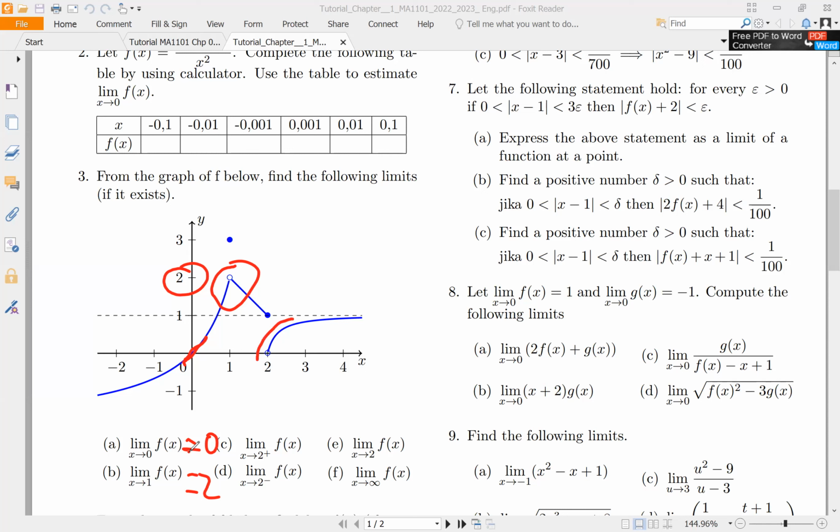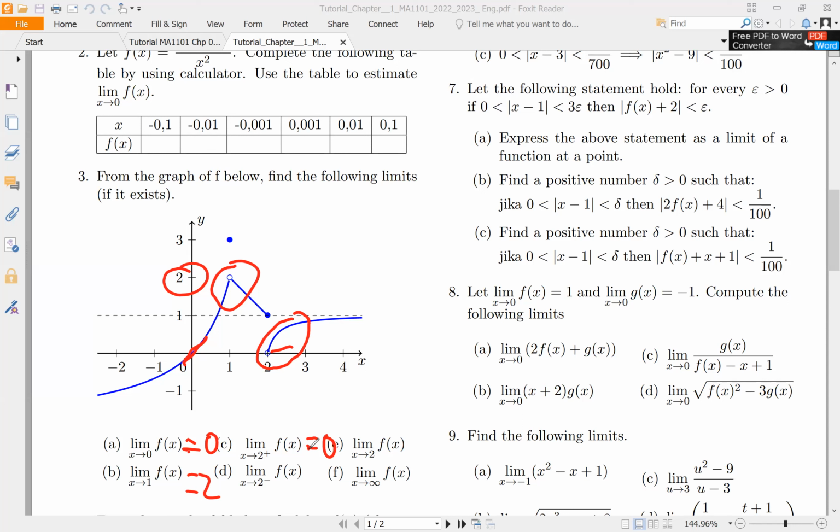So for part C, you only focus on this part. Okay, and you see that as x is approaching 2, the value of f(x) is approaching 0. So that's why the right-hand limit will be 0.